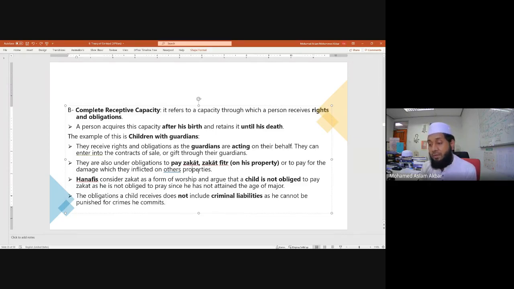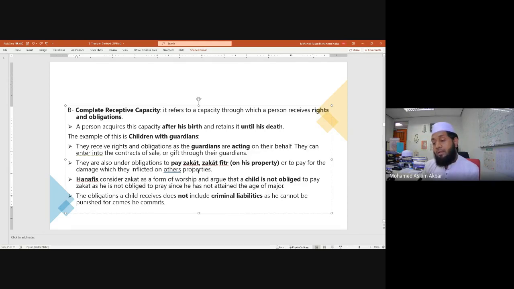While she was having the baby in her womb, Khalid passed away. Maybe there was an accident. So now she became a single mother, but she is also getting some help from the father's side. Maybe the grandfather or the uncle is helping the business. But the only sole property owner is actually the baby in the womb.